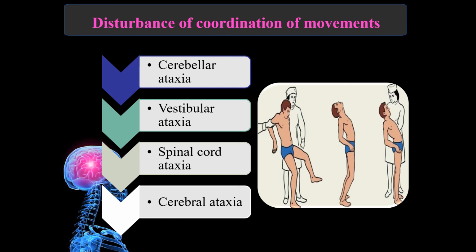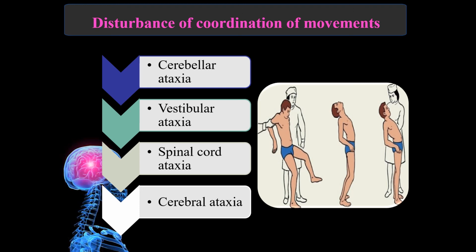Distortion of the coordination of movements. Coordination of movements is regulated by various parts of the central nervous system. They are the cerebellum, brainstem, optic tubercle, labyrinth, and posterior horns of the spinal cord. Damage to these areas leads to the disturbance of the coordination of movements, and this is called ataxia.